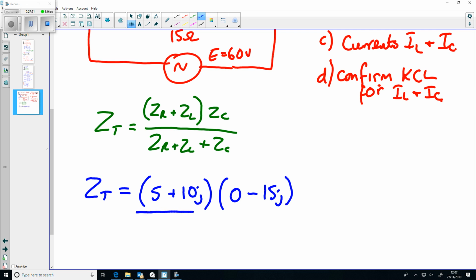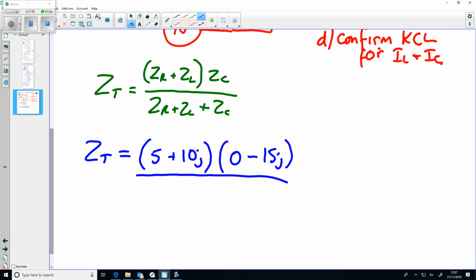That's the top line of that fraction. Bottom line of that fraction is 5 plus 10J. That's those two combined again. We're going to add on 0 minus 15J.